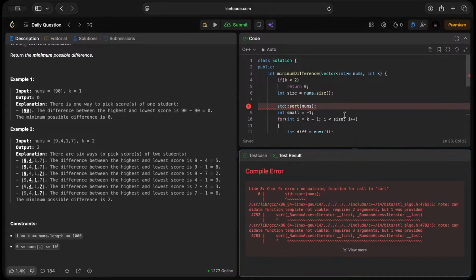Okay, that sort function's not right. How do you use std sort? Std sort, dot begin, dot end.